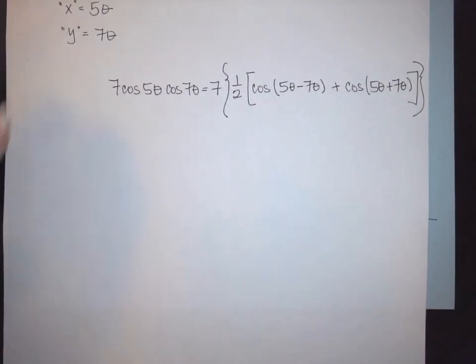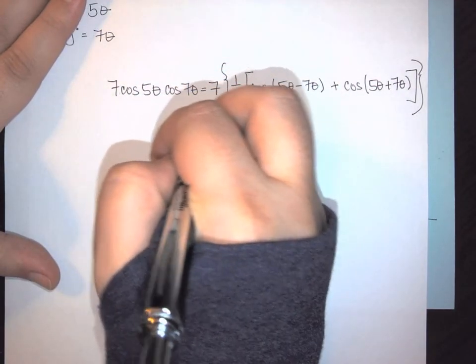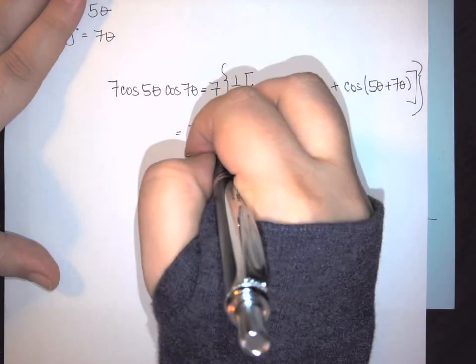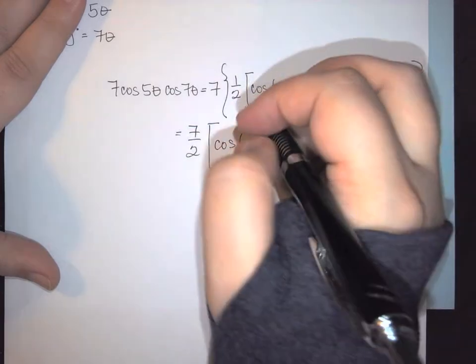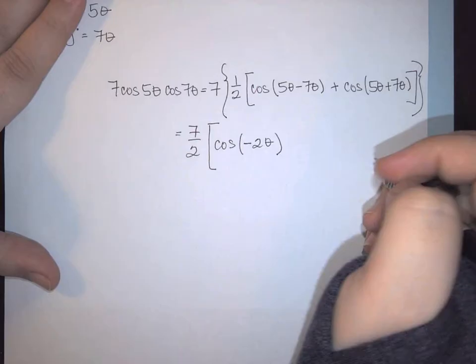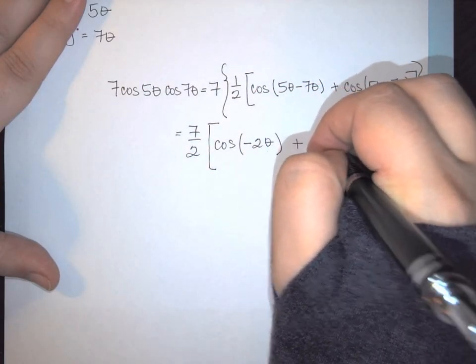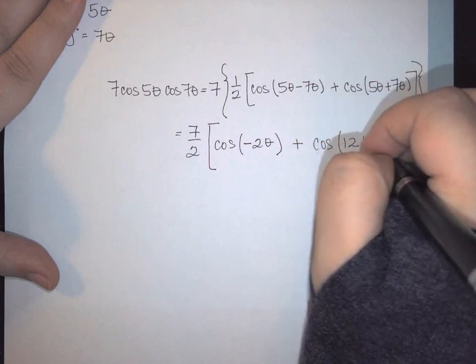Let's simplify. 7 times 1/2 gives me 7/2. Then I have the cosine, and 5 minus 7 gives a negative 2 theta, plus the cosine, and 5 plus 7 gives you 12 theta.